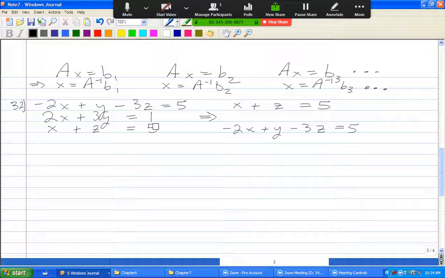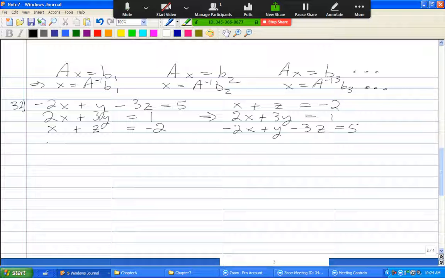Oh, by the way, I made an error. I guess I'm trying to do too many things at the same time. So it's equal to 5, 1, and -2. So the last equation was equal to -2. So 2x plus 3y equals 1. Okay, so now let's try to solve this system.